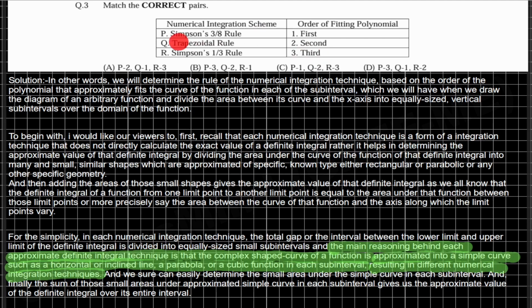And in the case of the trapezoidal rule, the order of the fitting polynomial would be 1, or first.